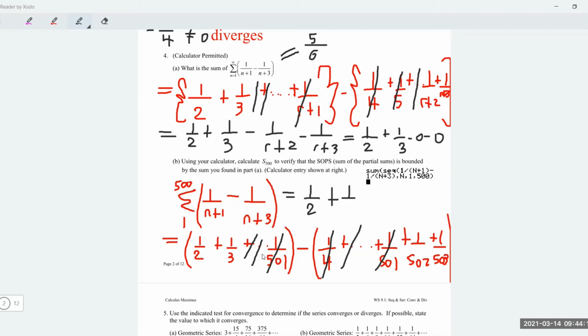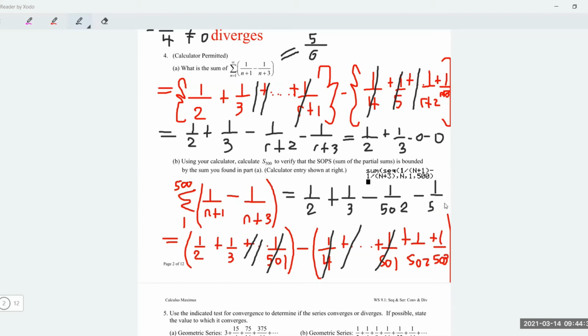And then doing the subtraction, now you get minus 1 over 502 minus 1 over 503. That's what we get.